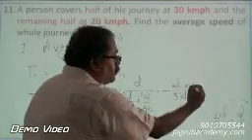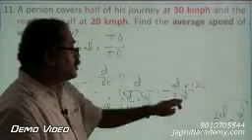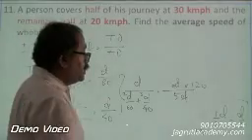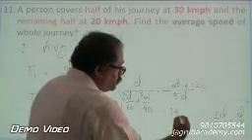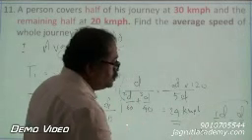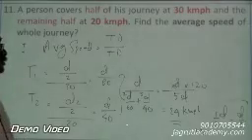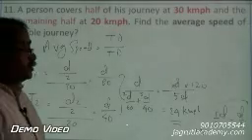I can take the 120 over here, so d and d get cancelled and 120 divided by 5 becomes 24. So average speed is 24 km per hour. This is your answer with the basic method which we learned previously.